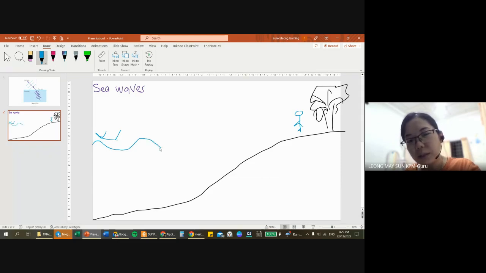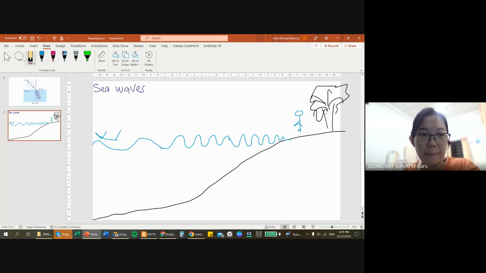But do you notice that as you get closer towards the seaside, the waves get more and more obvious. And as you get closer towards the beach, they are very, very close to each other already.